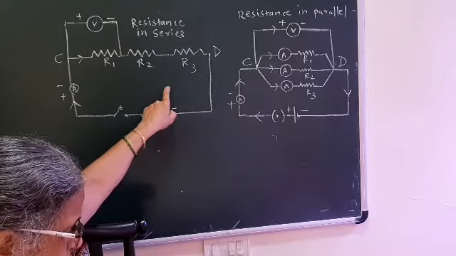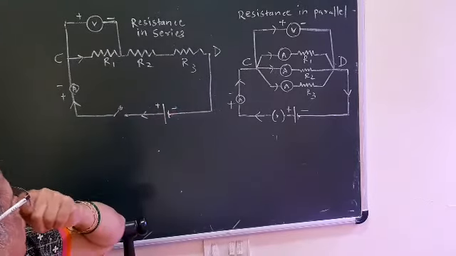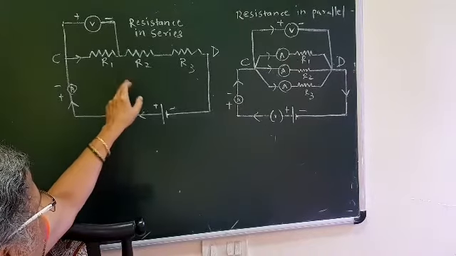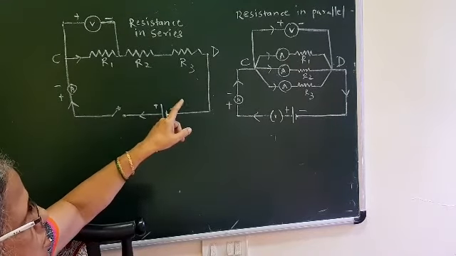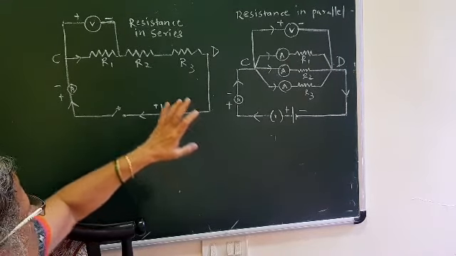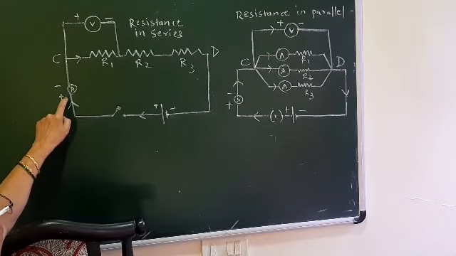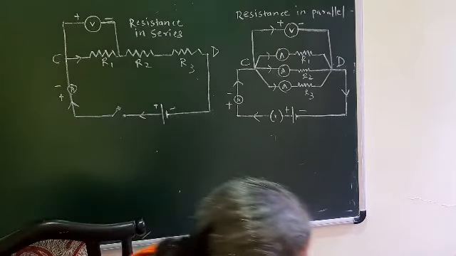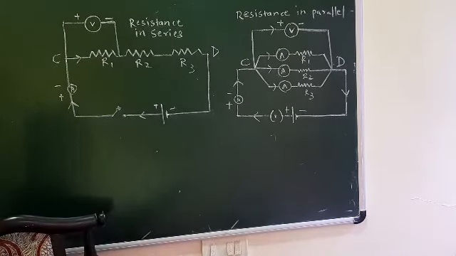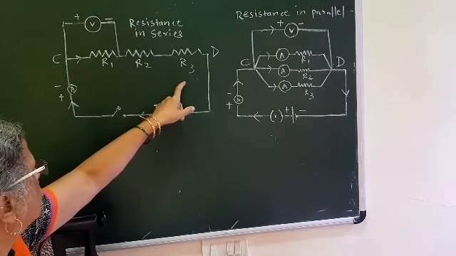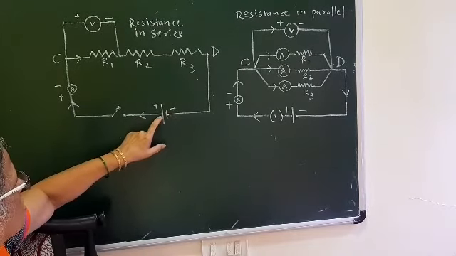Now in this arrangement, the first thing to remember is that the current flowing through each resistance is the same. That's why we have connected the ammeter, and in the ammeter we get the current flowing through all these resistances. R1, R2 and R3 are the three resistances shown, connected to the cell.